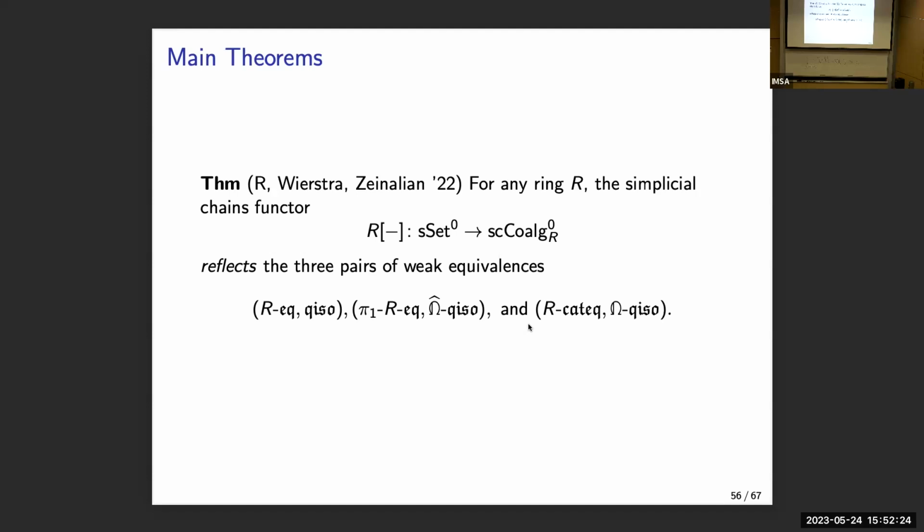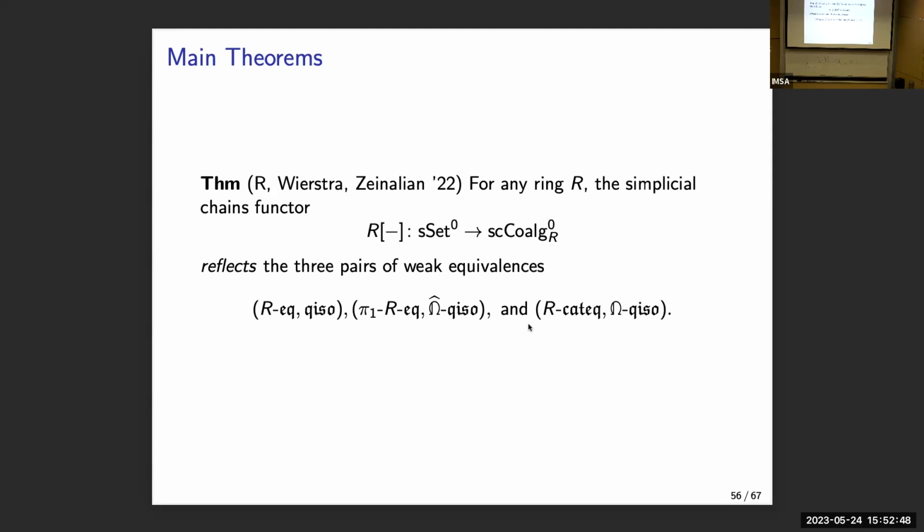The first one is an extreme tautology, right? A homology equivalence is an isomorphism if and only if it is an isomorphism of homology. The definition is a tautology. The second ones have a little bit more content. So, is that clear? It reflects these notions of weak equivalence.